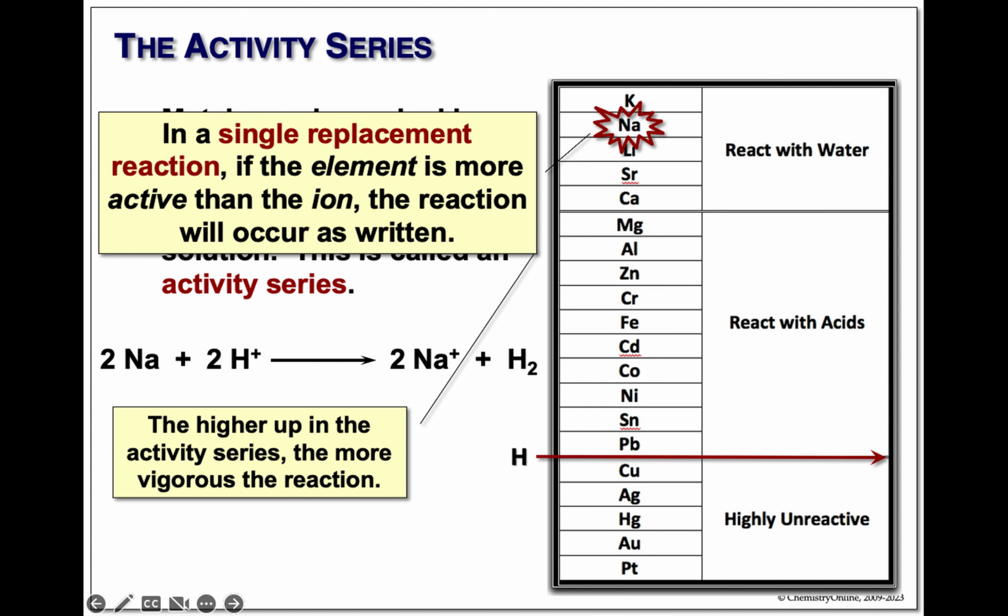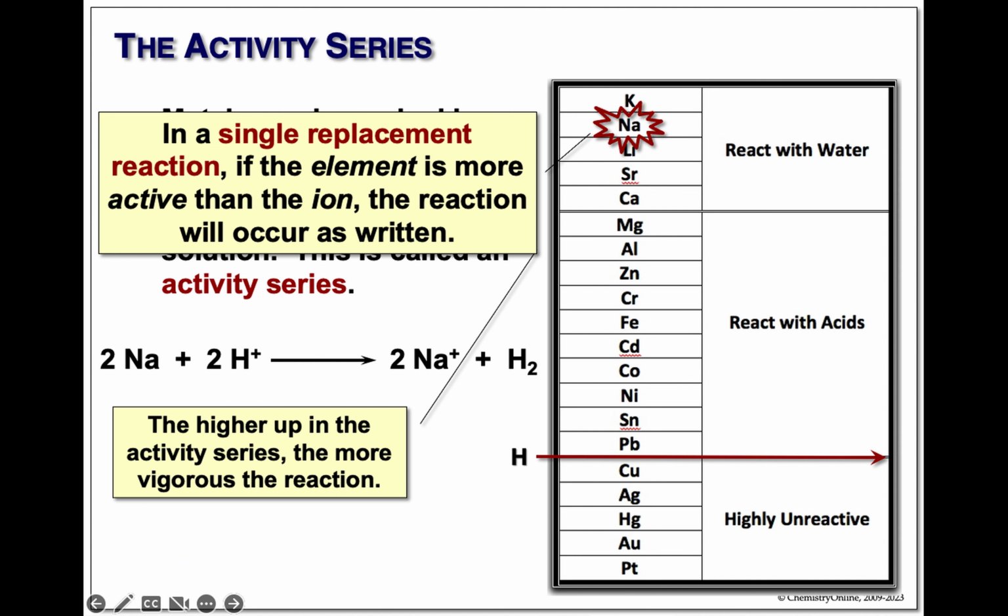If the element is more active than the ion, the reaction goes. It's a simple rule, really. If the element is above the ion, it goes. And the higher up it is, the faster it goes.